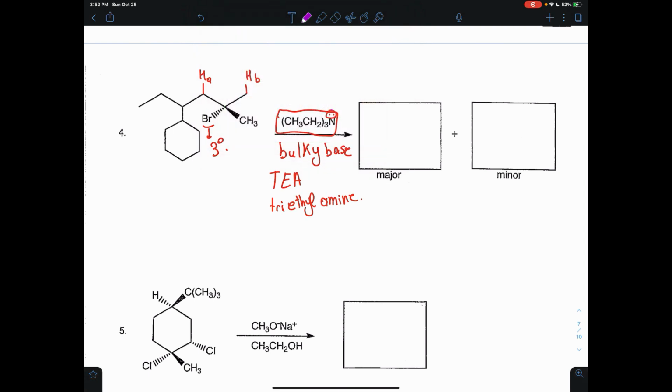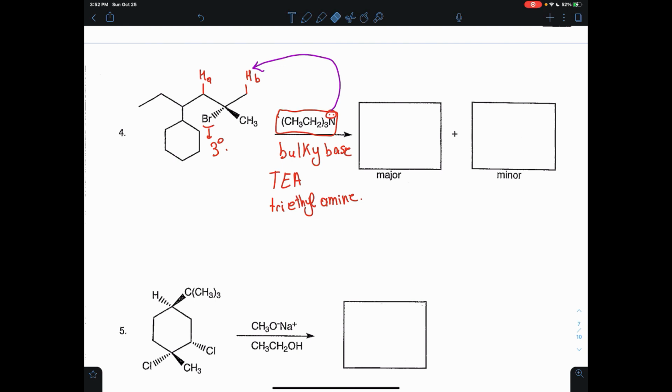When it comes in to attack, it would rather come in and grab hydrogen B, because there's nothing next to it. It's more empty space. But if it comes in to grab hydrogen A, there are 2 groups next to it, which can form steric hindrance, and thus will be less stable, and thus will produce the minor product.